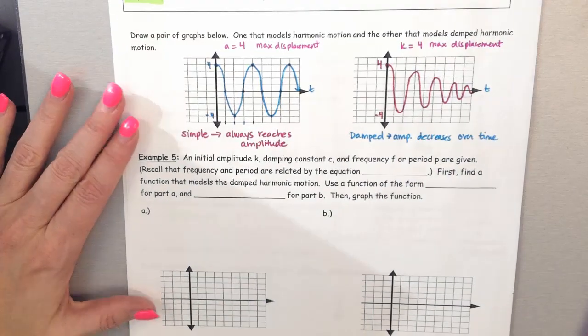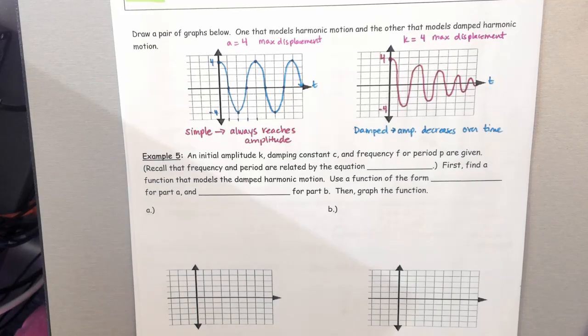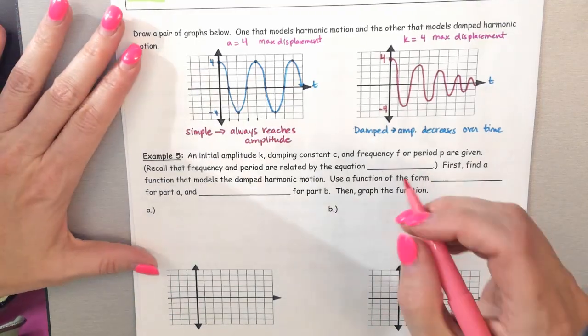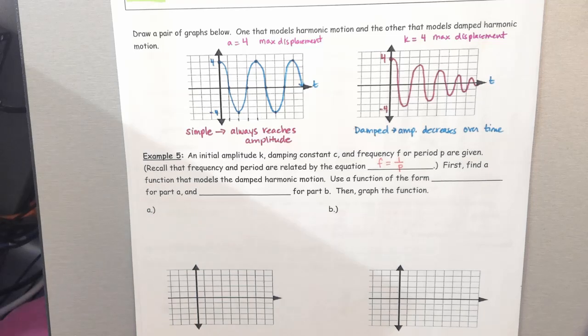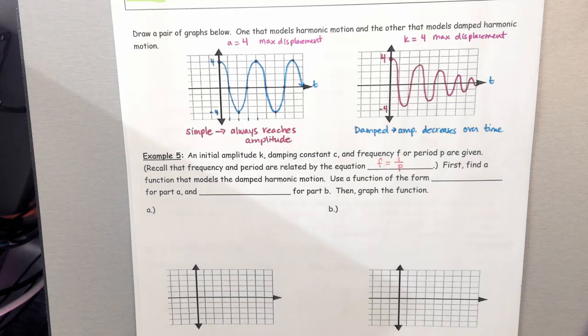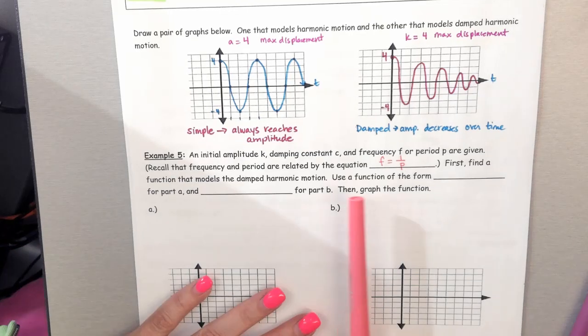All right, so in our last example, it tells you that you're given an initial amplitude, a damping constant, and the frequency or the period. And you'll see the directions look exactly like this, where they remind you that frequency is 1 over the period. And it says, first, find a function that models the damped harmonic motion, and then we're going to graph the function.